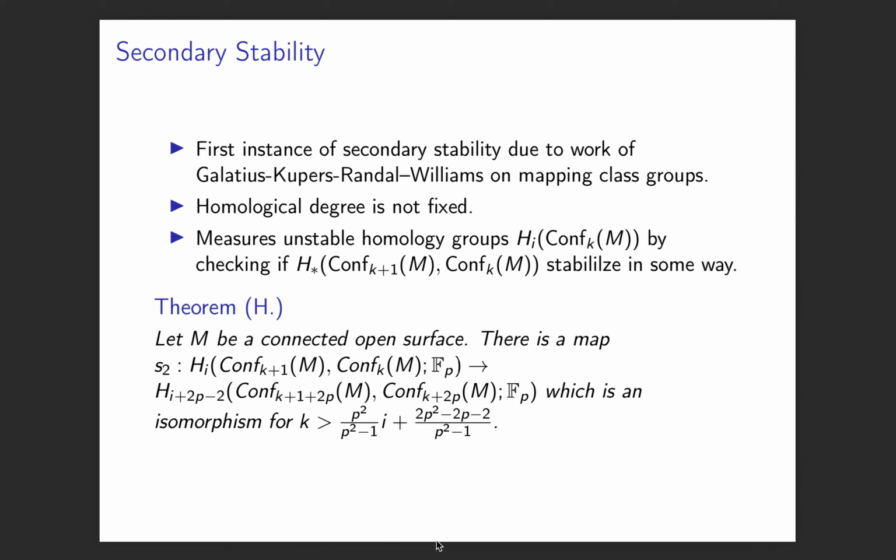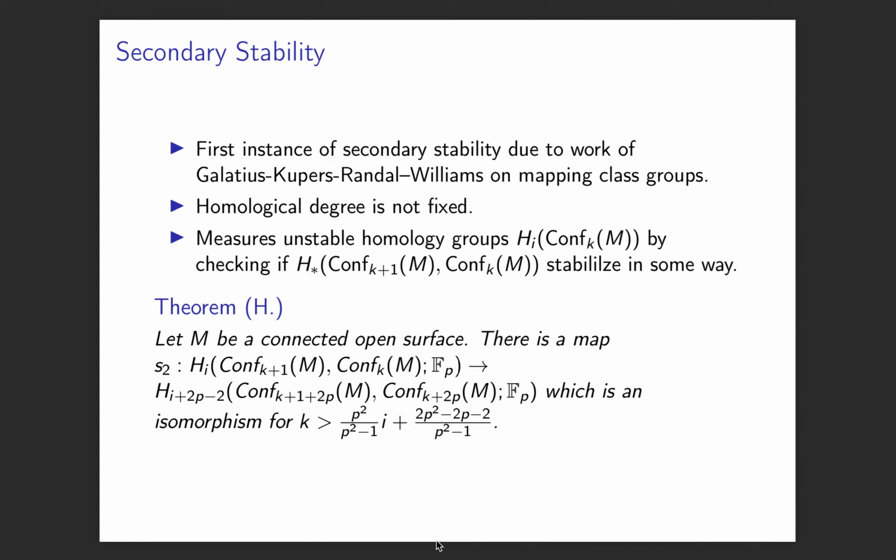In homological stability, the statement that you have homological stability in some range is equivalent to the homology of the mapping cone, the relative pair Conf_{k+1}(M) relative to Conf_k(M), being 0 in some range. Secondary stability wants to study the case when you might not have that the homology of this cone is 0 in a range, but maybe you'll have that it's an isomorphism.